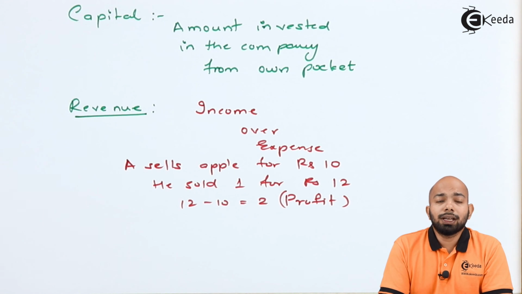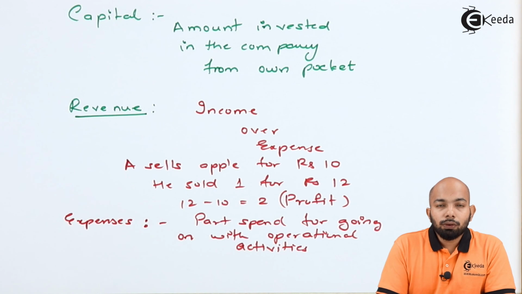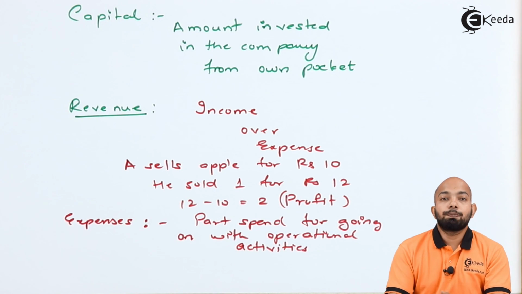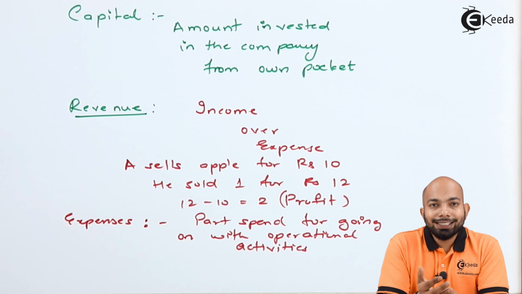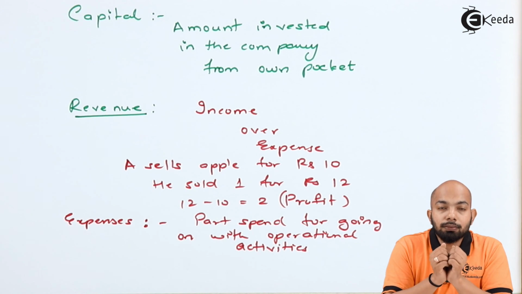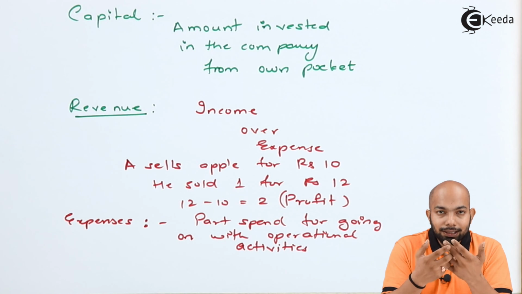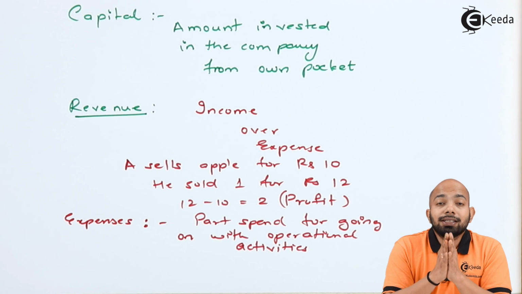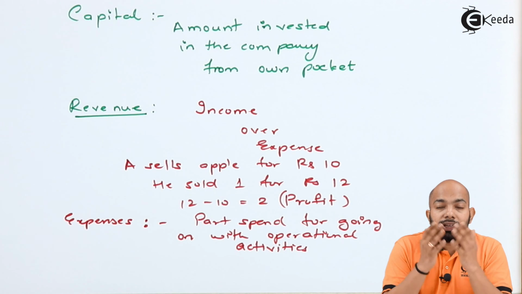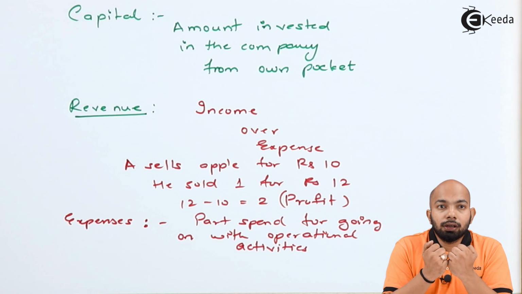Now we talk about the last part of this chapter, that means expenses. To continue with our operational activities, we have to spend certain amounts. Let's take an example. To produce garments, we need certain plant and machinery, we need certain permissions, some raw materials. So the amount that we spent on these things are the expenses that we have made so that we can produce a specific good and generate income out of it.